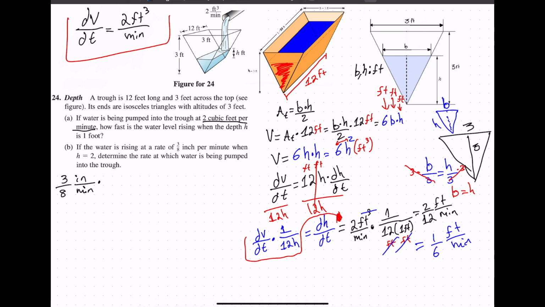So we need a ratio to convert that. 1 foot has 12 inches. So therefore, we can eliminate the inches here, inches there. We end up with 3 over 8 times 12 feet per minute.